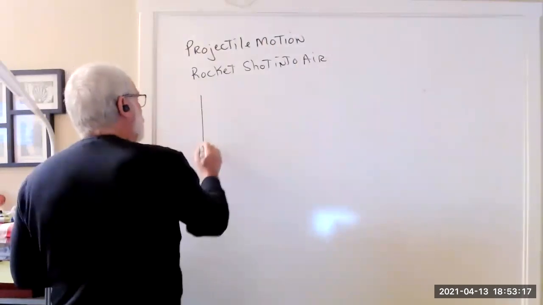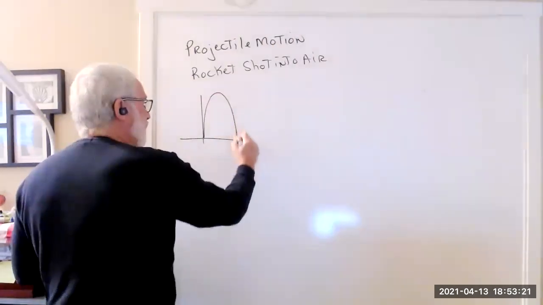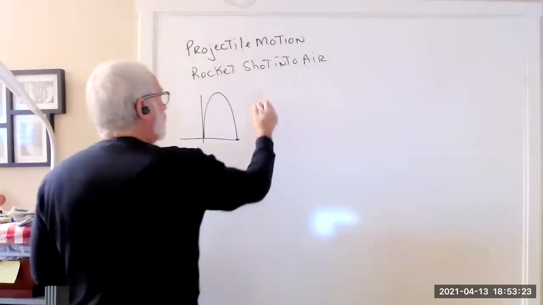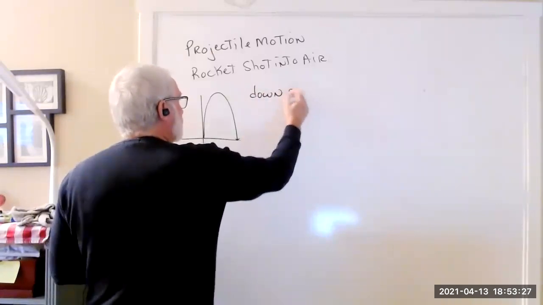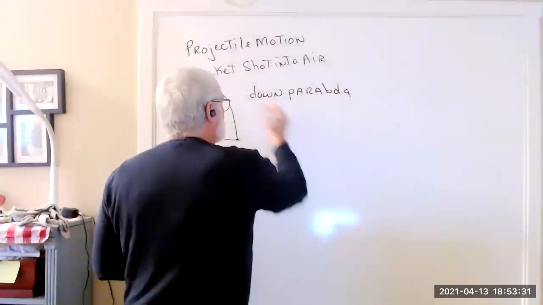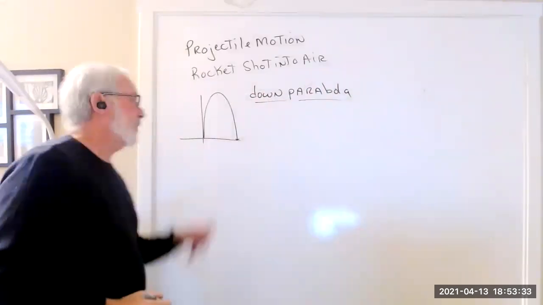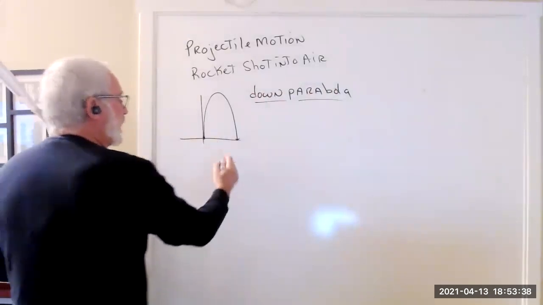Generally, its path will go up and then come back down. Its path is what we call a down parabola. Its path will always look like this. And we change our axes.